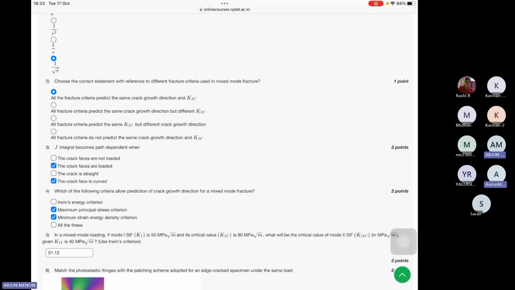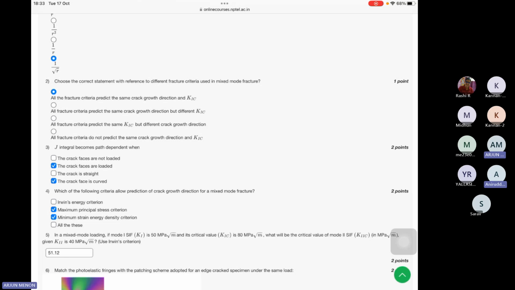Since they're asking for K2C, that is the unknown. So basically you just put those values in the ellipse equation and solve for K2C. It will be something like K2 divided by 1 minus (K1 by K1C) square.